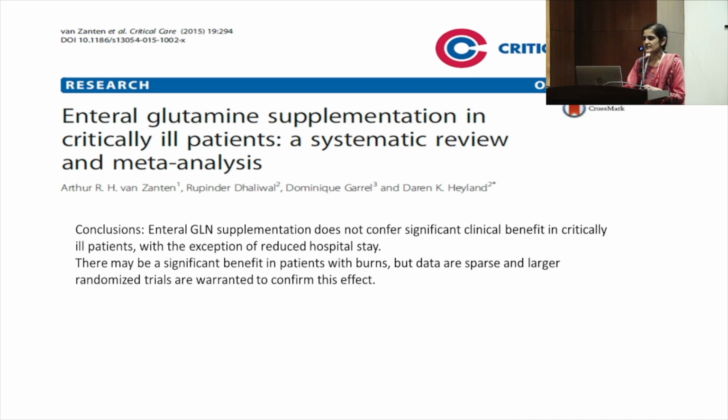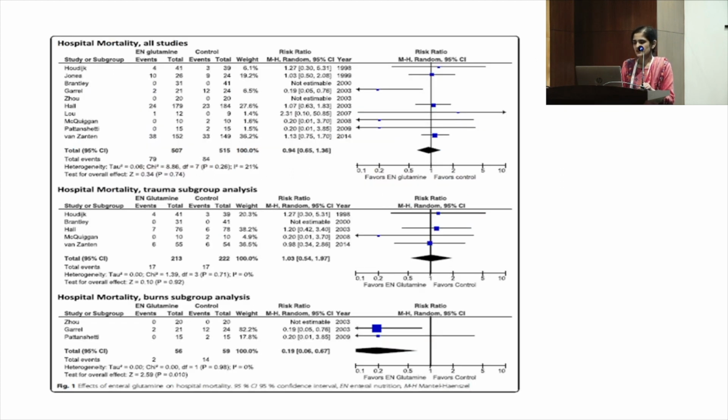This was the meta-analysis which gave probably a clue that use of glutamine in patients with burns could be useful. And look here, the number of patients is very small, 56 patients in 2 groups, and that has shown that probably use of glutamine is beneficial. Then researchers did a study especially in patients with burns.